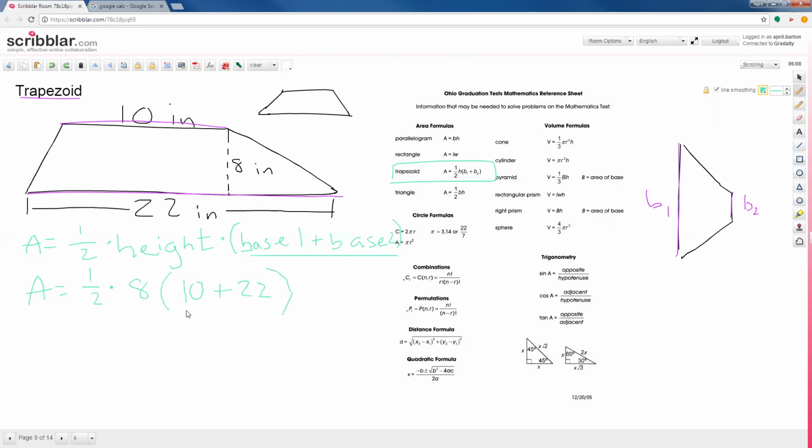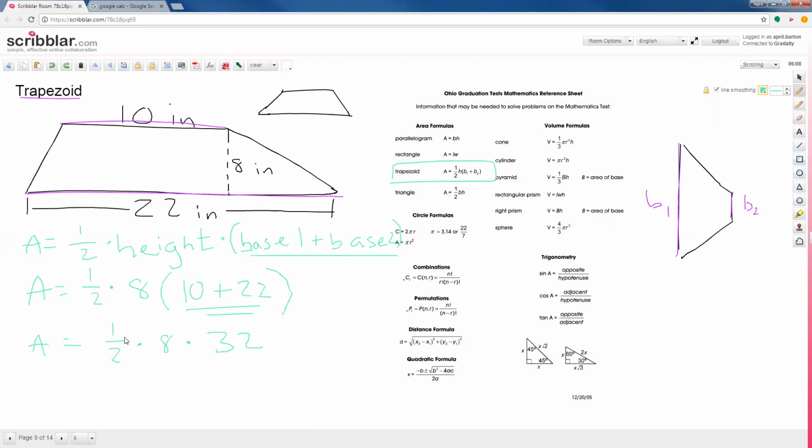Order of operations wise, though, we do have to do inside the parentheses first. This one is more important to remember the order of operations on, because you've got to do that addition first to get 32, and then we can just go to the calculator and plug it in.